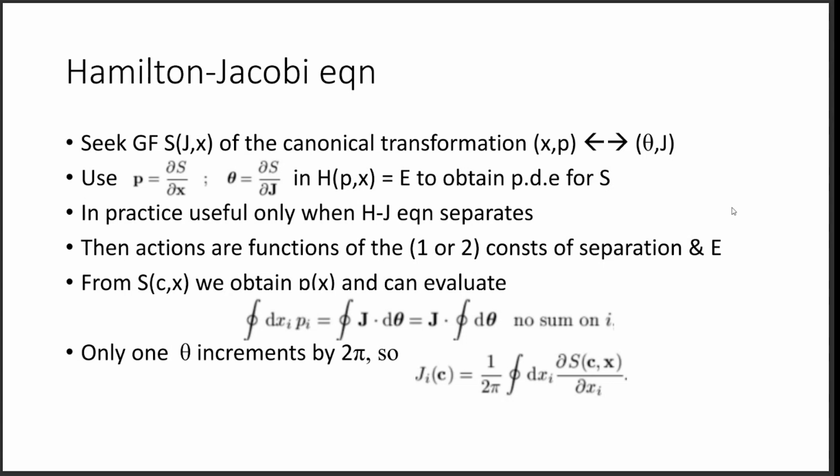That could be written as j dot d theta, where in principle there'll be a sum over the j_r and j_phi and so on. But the j's of course are constants, so they could be taken out. So we can write this as j dot d theta, and only one of the thetas in this process is going to increment by 2 pi. All of the thetas typically will change, but all but one will go back to their original value.